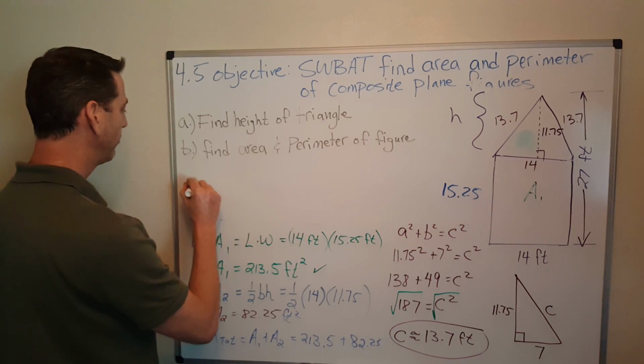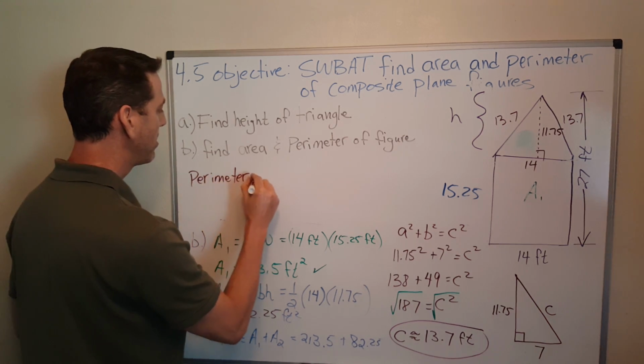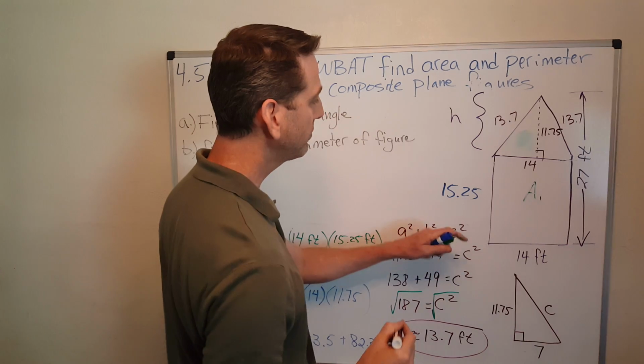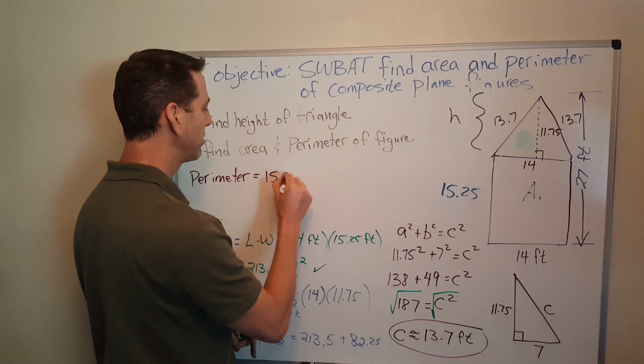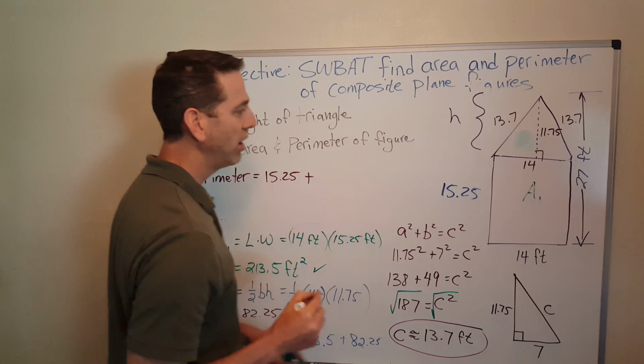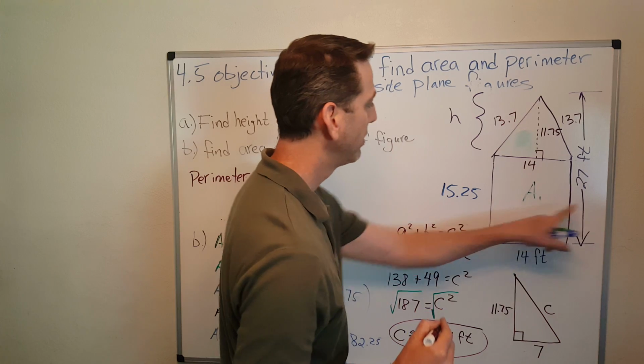Right up here. So the perimeter equals 15.25 plus, well, we got two of those, right?